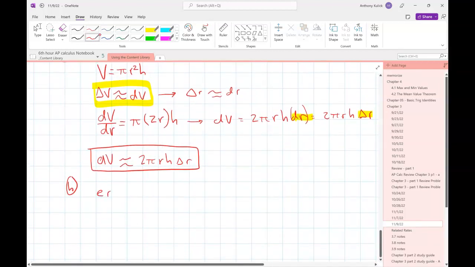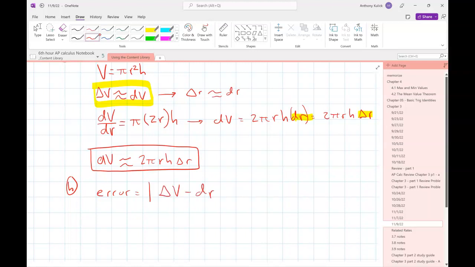Well, our error is going to be the absolute value of the actual change in volume minus our approximate change in volume. Everybody's okay with that?